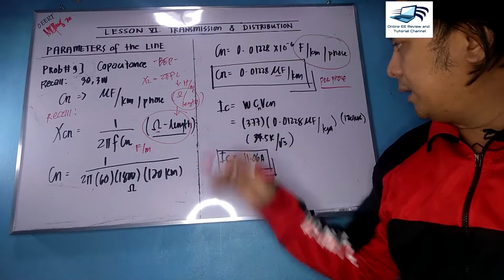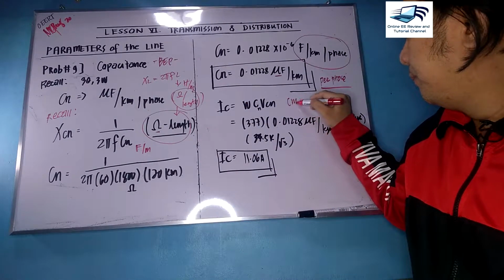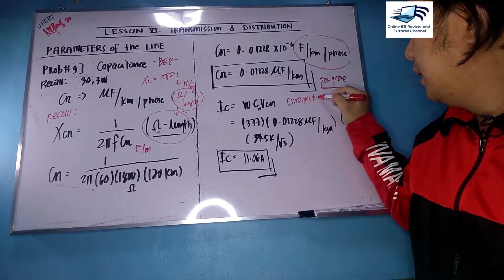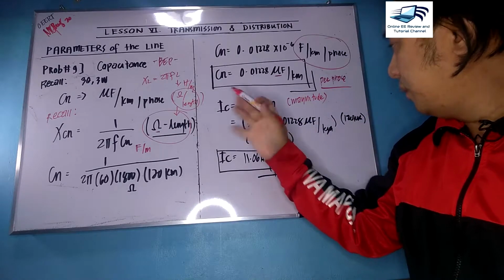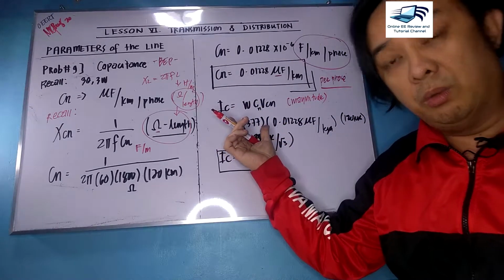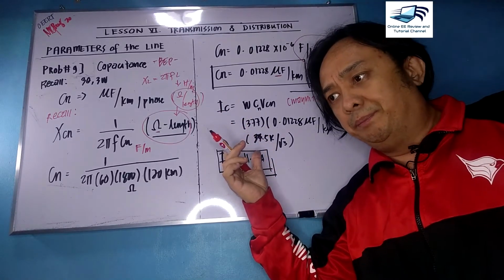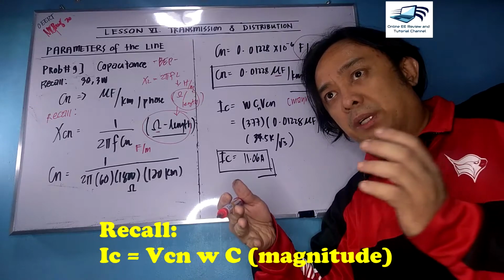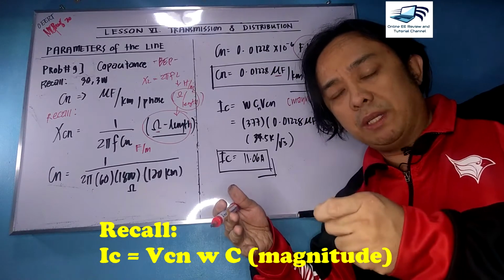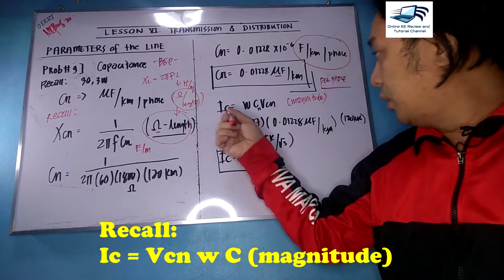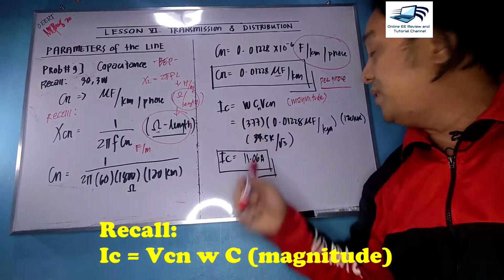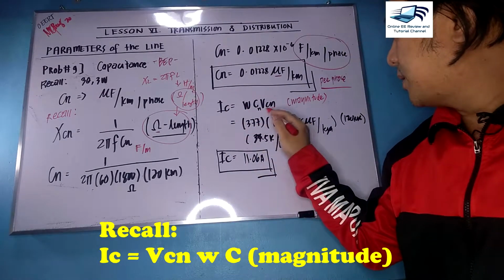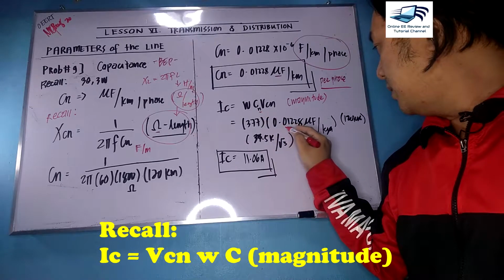Now, if you want to get your IC magnitude, all you have to do is to have this equation, which is already pre-given even on our power factor correction. So you have IC is omega Cn VCn, right? In this case, your C now is this value here.